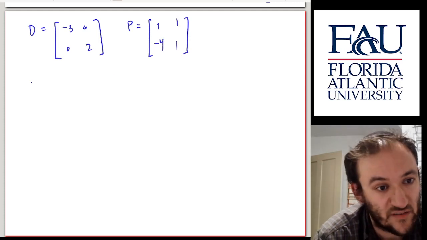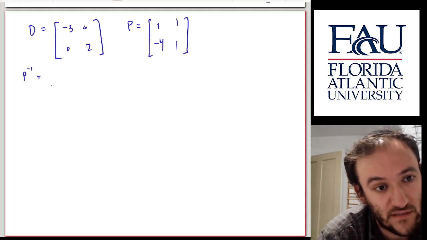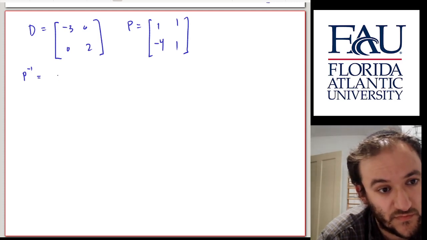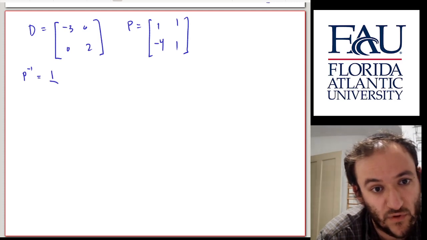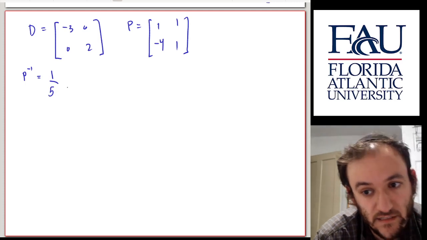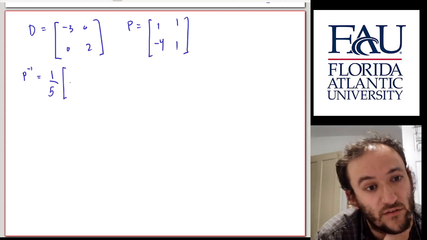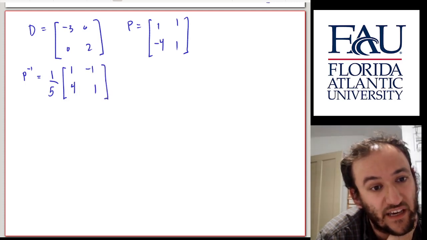And now we just need to find P inverse. We can use the formula: it's 1 over the determinant, which is 1 minus negative 4, or 5, and then we switch these entries and negate these entries, and we have our inverse.